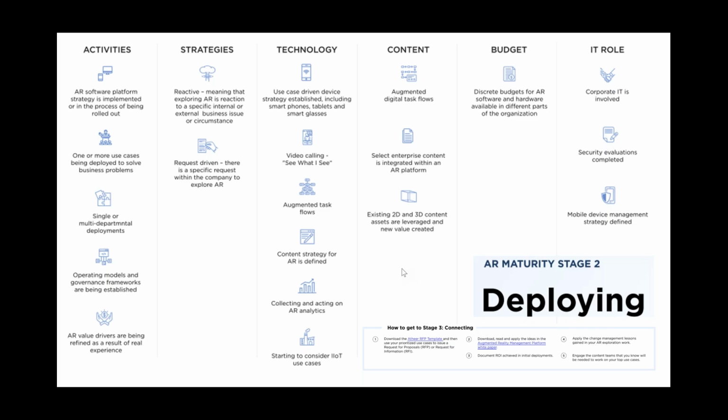You might have the ability to augment simple digital task flows or step-by-step instructions. That could be nothing more than a checklist or a set of steps for routine maintenance. Those are low-hanging fruit that can be quickly brought into the system, and that serves as content that could be readily used by those frontline workers.